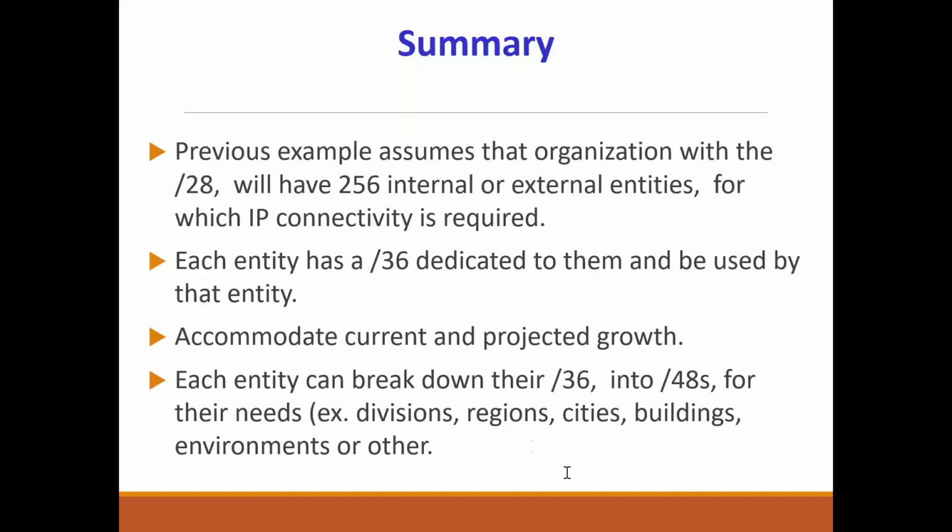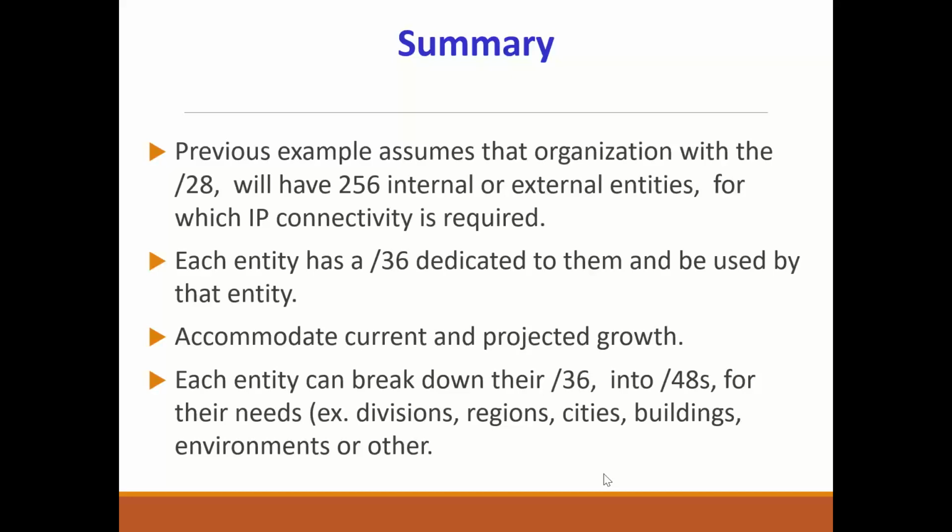So just to summarize that, while you think if you have any immediate questions. We assumed, again, that with the /28, we'll have up to 256 internal, external entities for which IP connectivity is required. Each of these entities gets a /36, and that's pretty huge in itself.